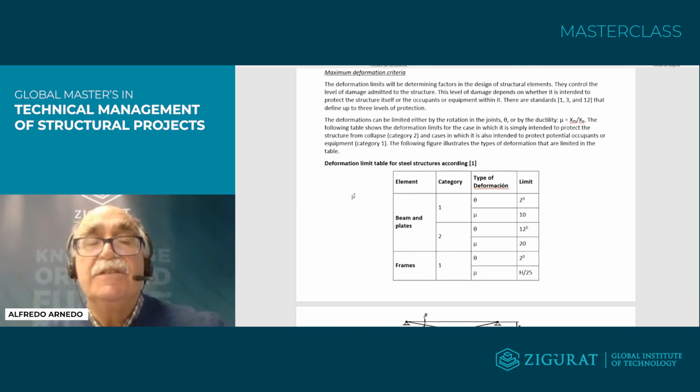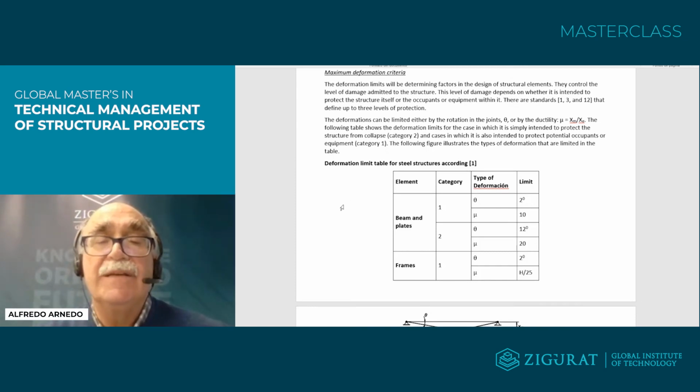We will reach the situation where we have calculated the deformation, the maximum deformation, the x sub m, and the relation with the linear is this mu, this ductility.